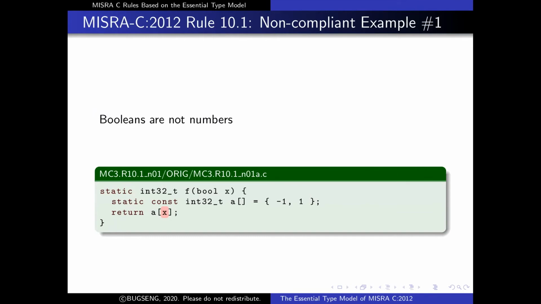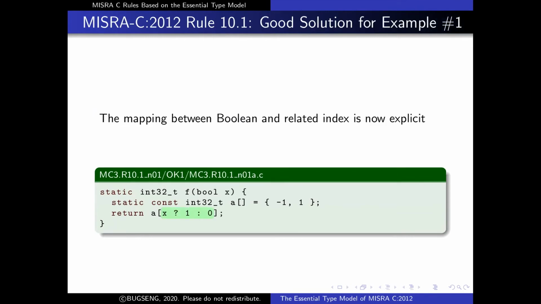What is the solution? I don't know. Maybe the intention was this one. If the intention was to address the position with index 1 in case the x was true or 0 otherwise, this would be the MISRA compliant way to solve the violation. Okay, it's just a hypothesis.